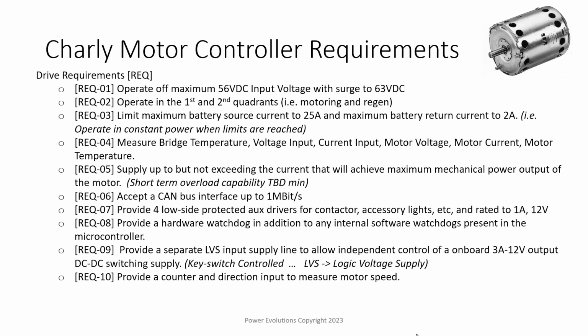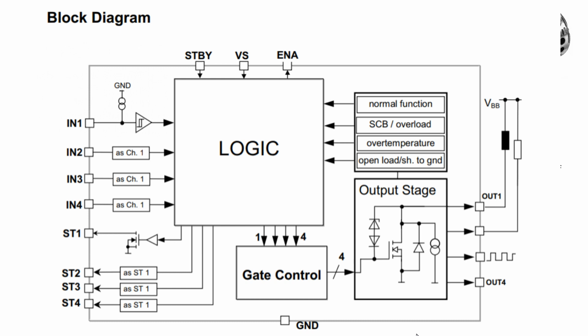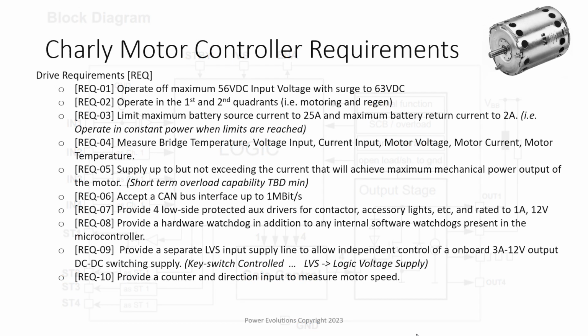Some of the other things that we need on this controller: we need to have some low side contactor drivers, or low side drivers, period. The reason I'm looking for this is that there's an interlock put onto the main contactor which separates the battery and the motor controller.